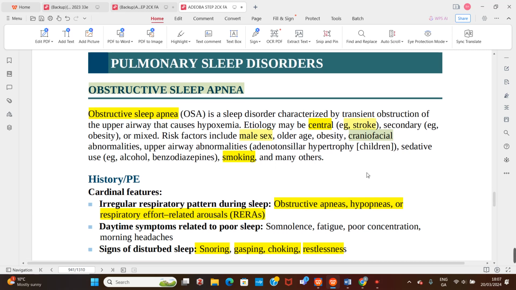So that is that about obstructive sleep apnea. There's obstruction. It can come from central or secondary causes. Central because of reduced tone. Secondary because of obstruction, maybe from a mass, fatty infiltration, or from adenotonsillar hypertrophy.